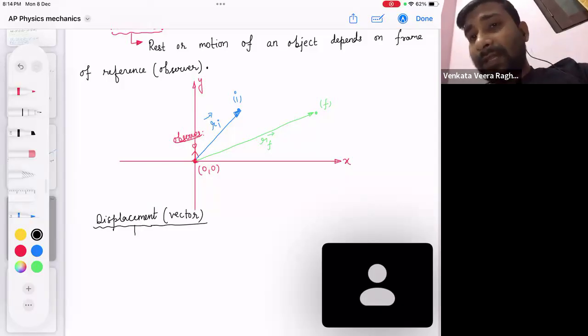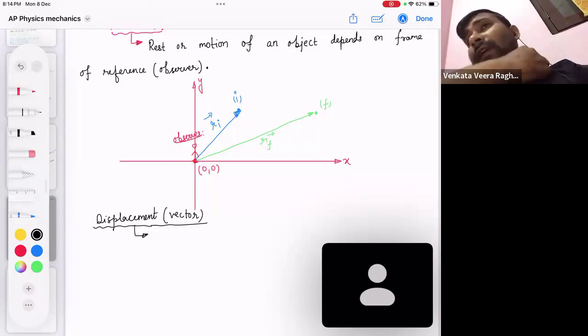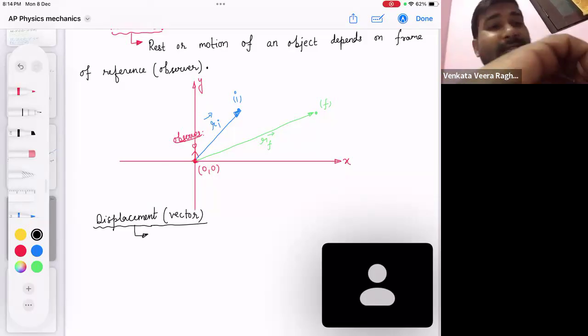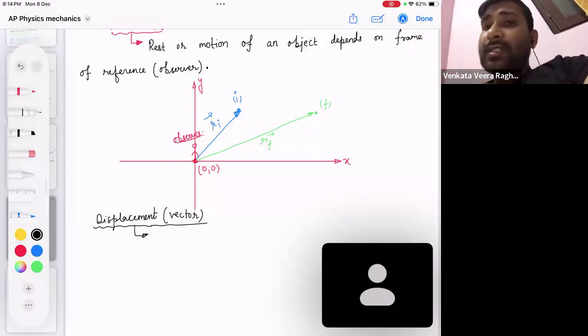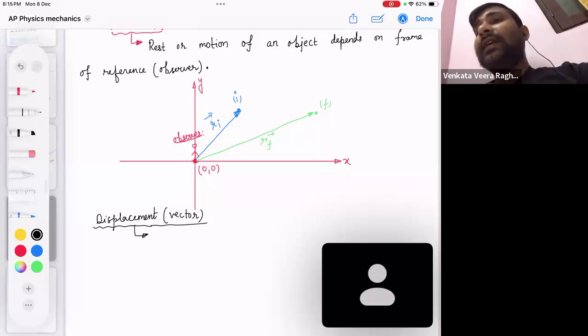So what does displacement mean? Initial point and final point are known to us. If I can find the shortest distance between the initial and final point, that shortest distance is going to be called the displacement of the particle. So what can be the shortest distance between the 2 points?